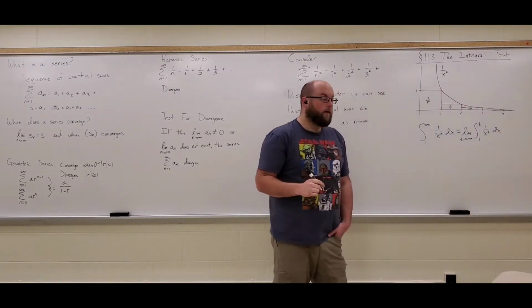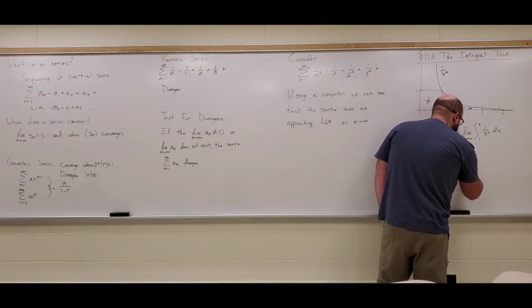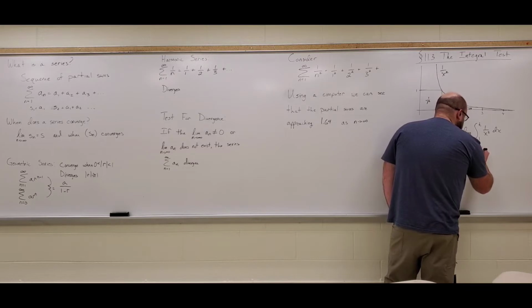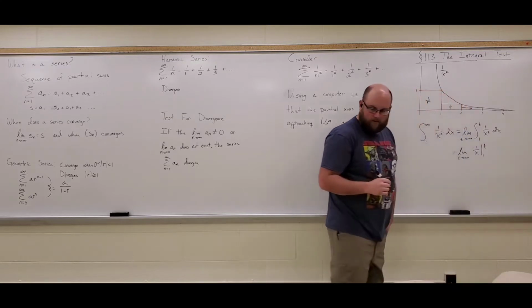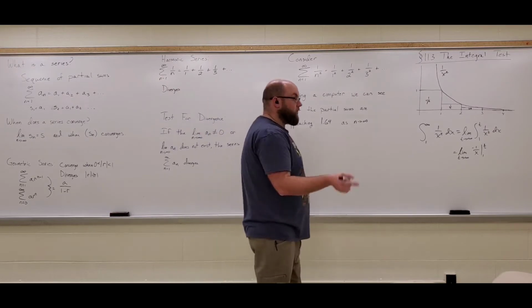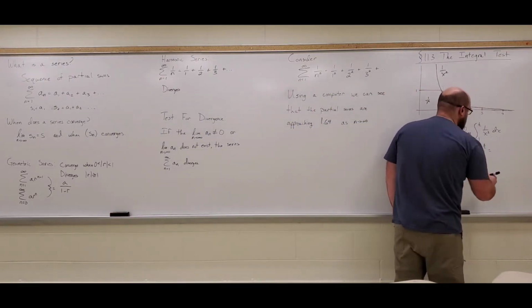Evaluate it, and you get the limit as t approaches infinity of negative 1 over x from 1 to t. And now I just plug in my values for my integral.